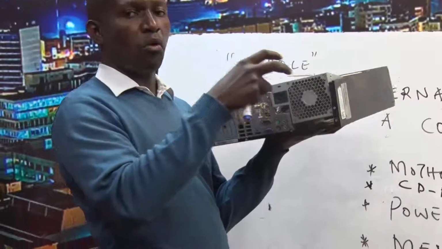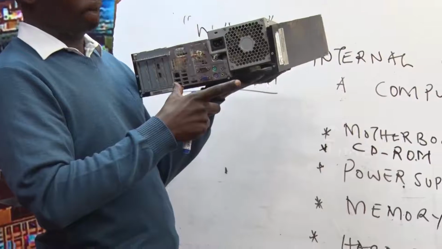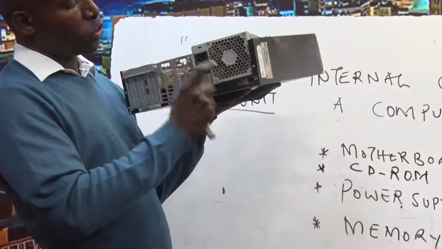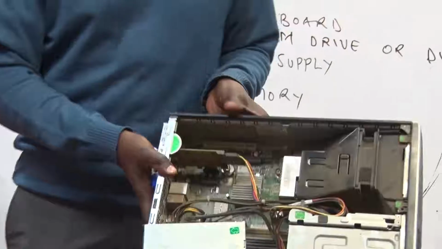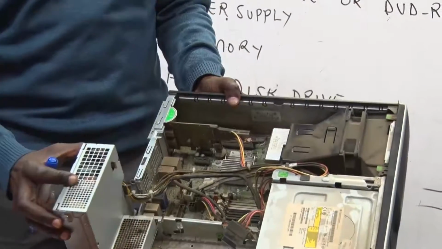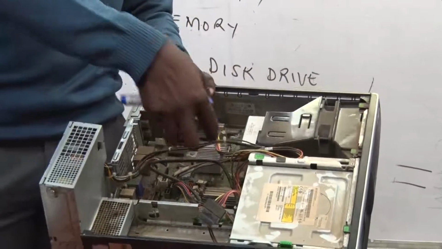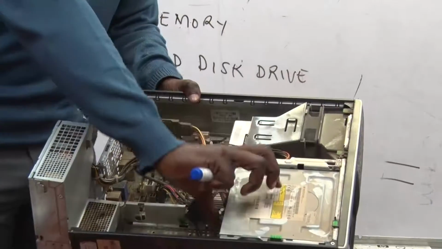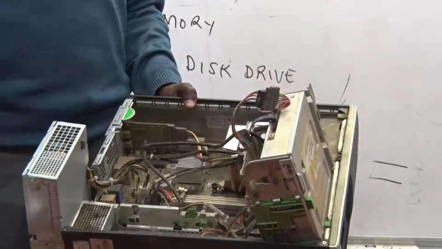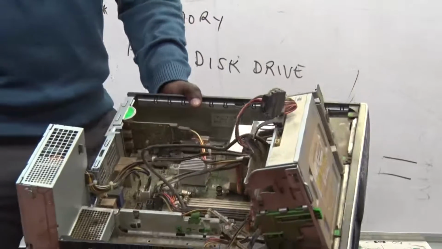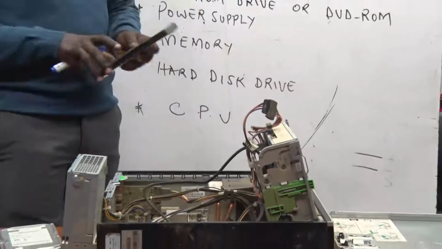This is one of the very important components in your computer system unit, because without it, we would not have power supplied in our computer. The power supply contains other cables, as you can see, that we use to power the other devices. Things like the DVD drive, which is also another component that we use to install software.